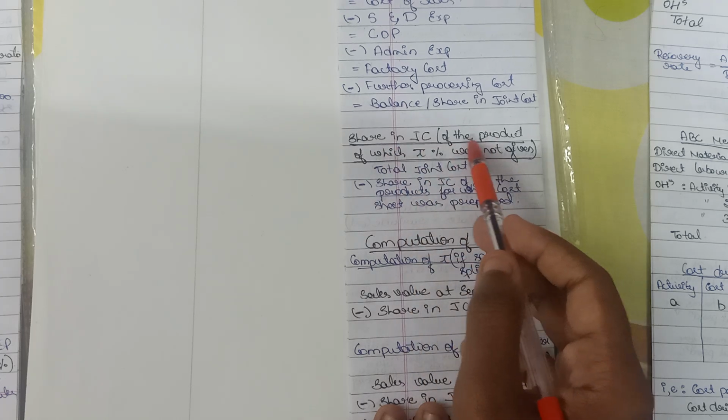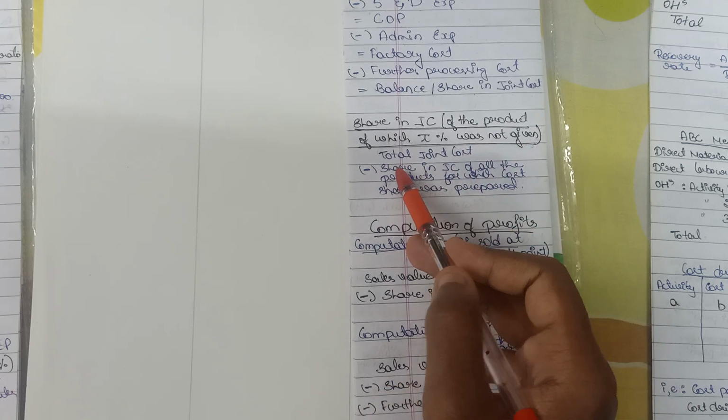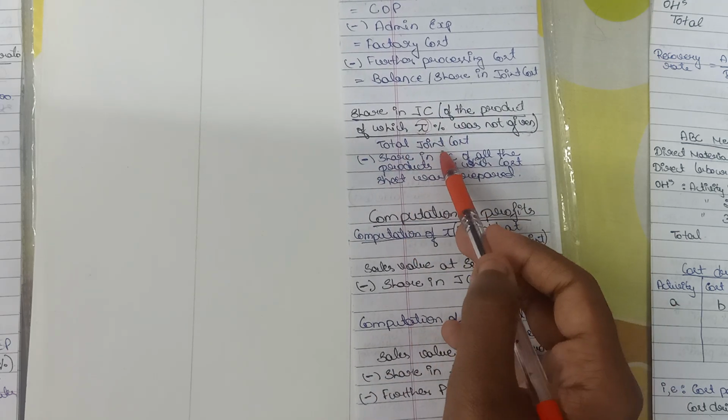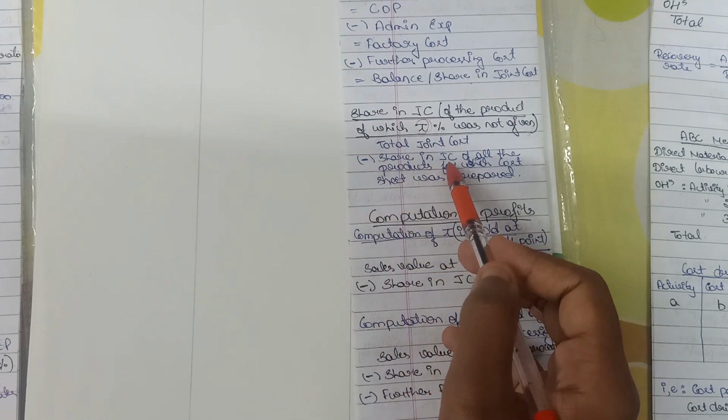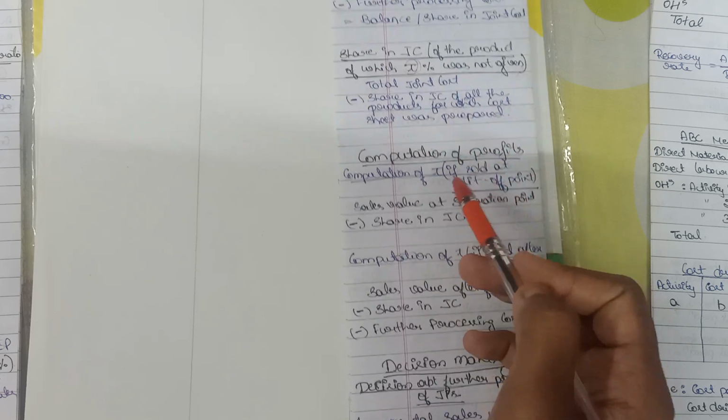Share in joint cost of the product of which profit percentage was not given. This means profit. This symbol represents profit. Total joint cost minus share in joint cost of all the products for which cost sheet was prepared.